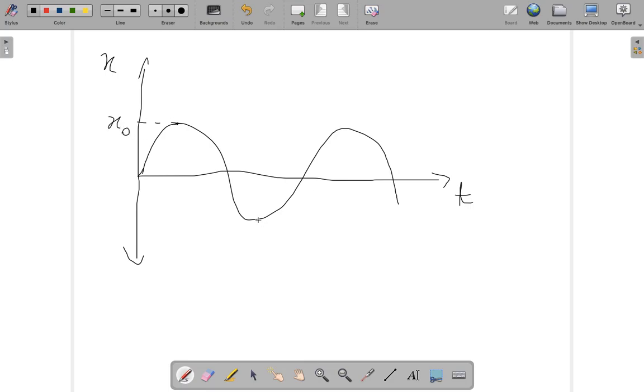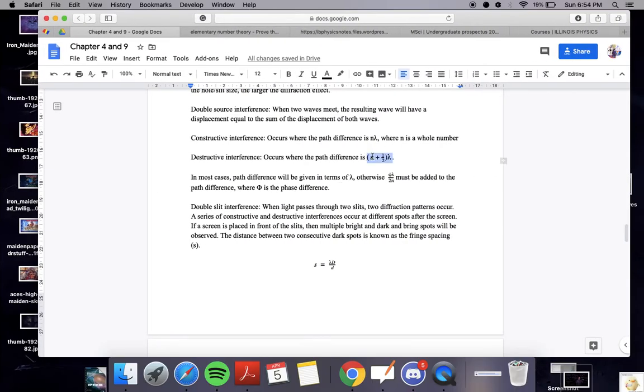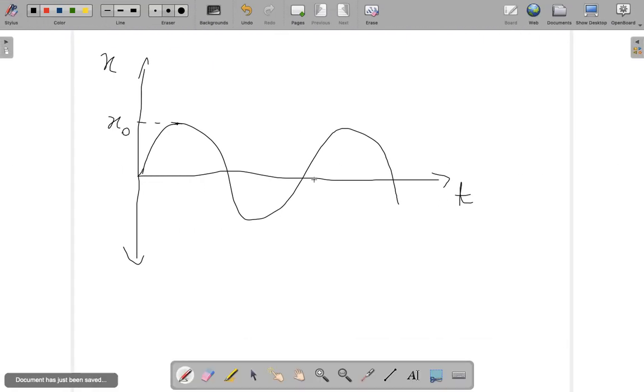Now if we have a path difference of half a wavelength, or something of a similar degree like that, n plus 1 over 2 lambda, where n is a whole number, so n can be 0, so half a wavelength, we will end up at this point, which is minus x0.